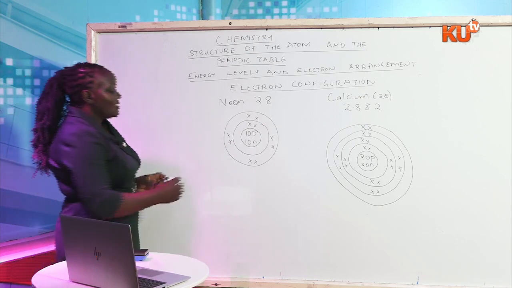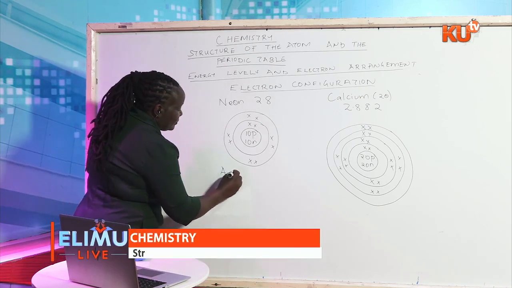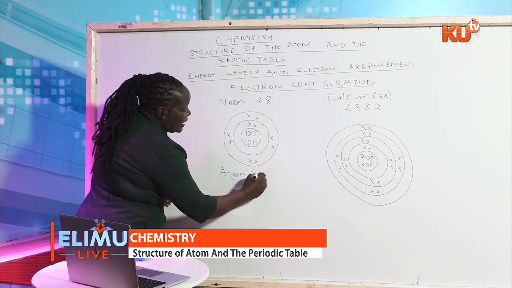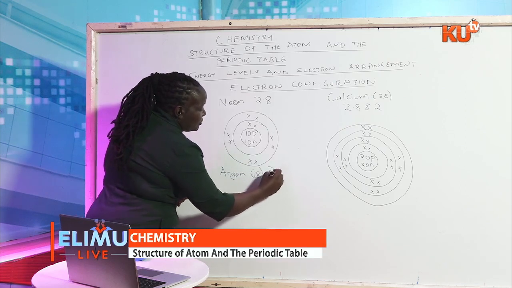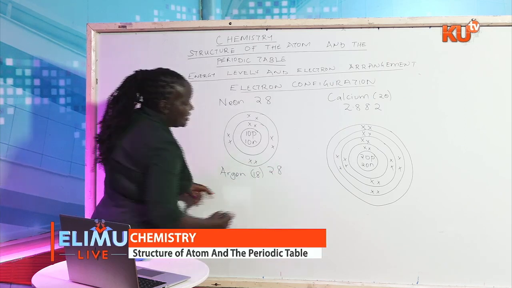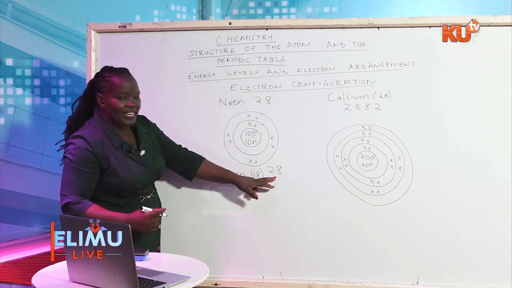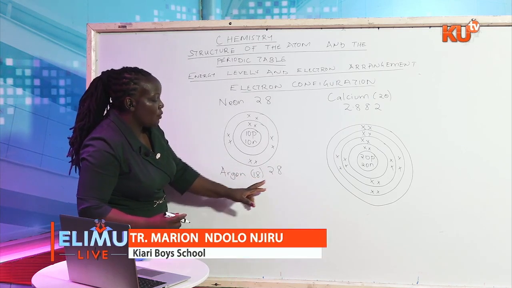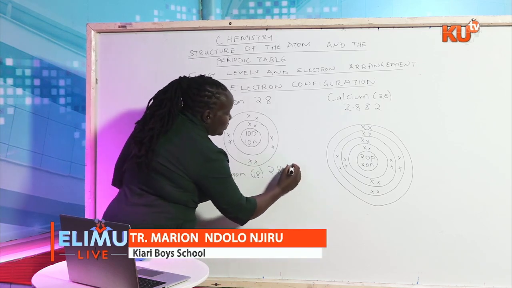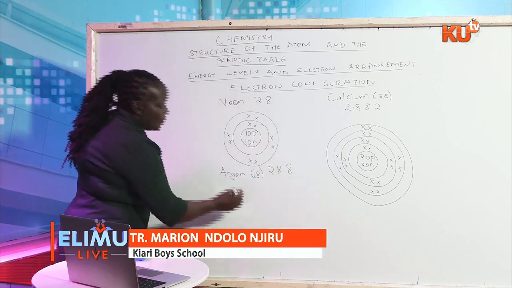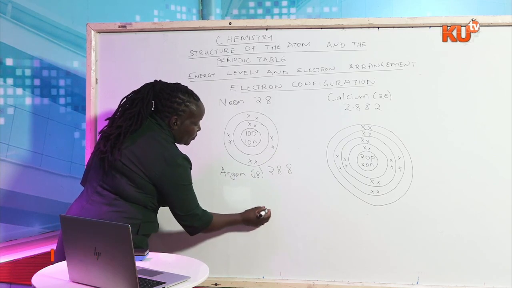The next one is argon. Argon is atomic number 18. For its electron configuration, we have the first energy level with 2 electrons, then the next energy level will have 8, and the third will have 8. So the electron arrangement will be 2, 8, 8.